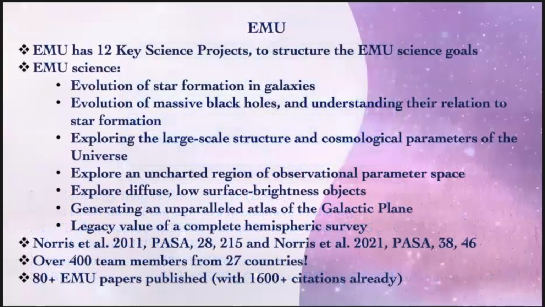There are 12 key science projects for EMU, such as the evolution of star formation in galaxies, massive black holes and their relation to star formation, exploring large-scale structure or cosmological parameters, and exploring different regions of observational parameter space. There are over 400 team members from different countries, and so far around 80 plus EMU papers have been published with 1,600 plus citations.